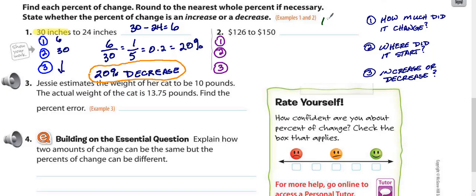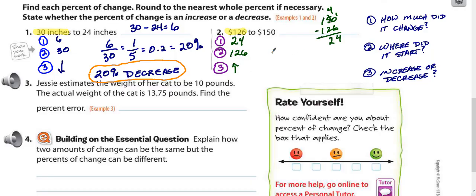So 150, take away 126. Have to borrow from that. Make that a 10. That's a 4. 24. So how much did it change? 24. Where did it start? Started at 126. Went from 126 to 150, so it went up.